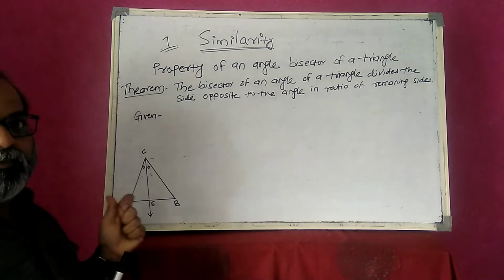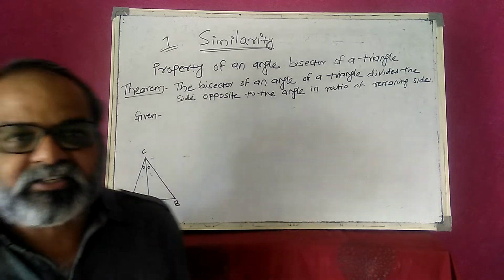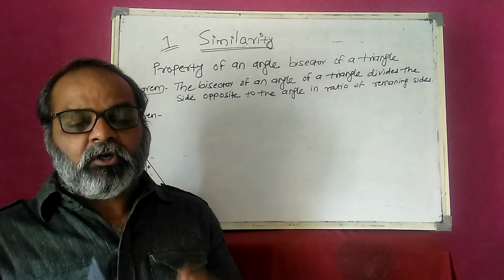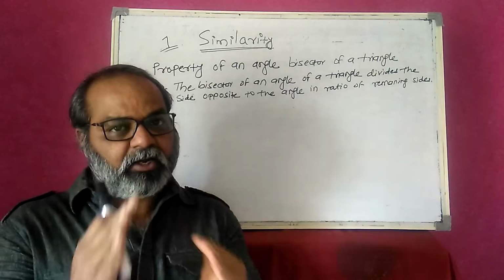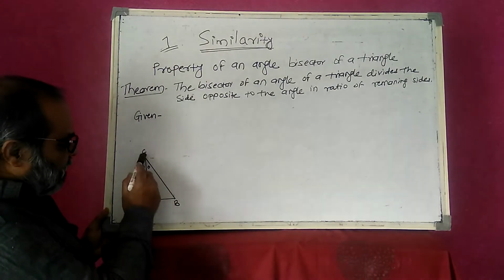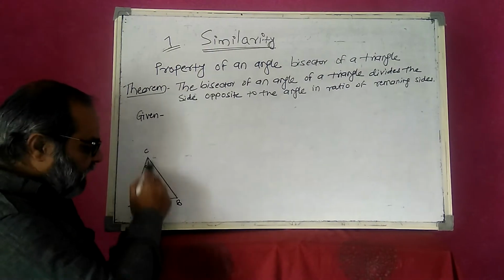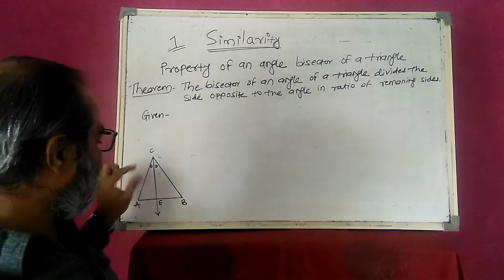So what is given? Given means to read the figure, as I explained yesterday. What does the figure contain? Triangle ABC is there and there is angle C which is bisected by CE.